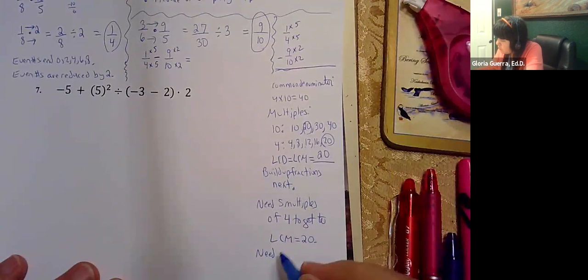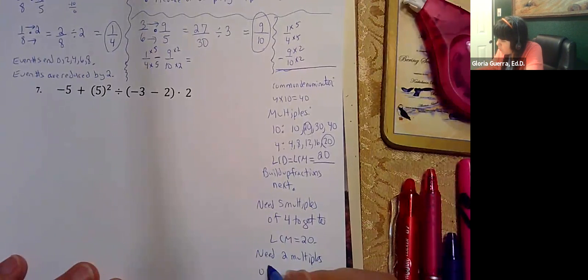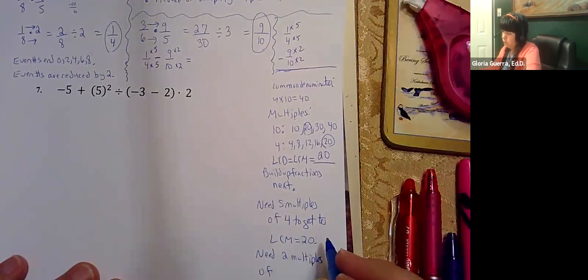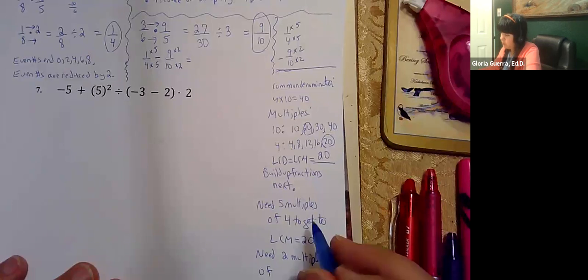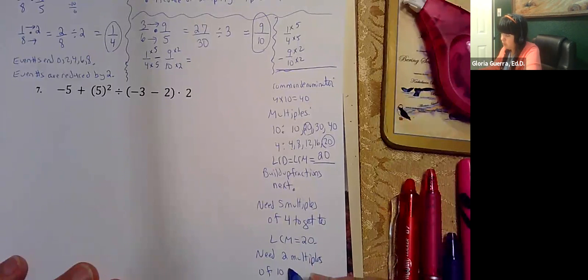For 10, we need 2 multiples of 10 to get 20.